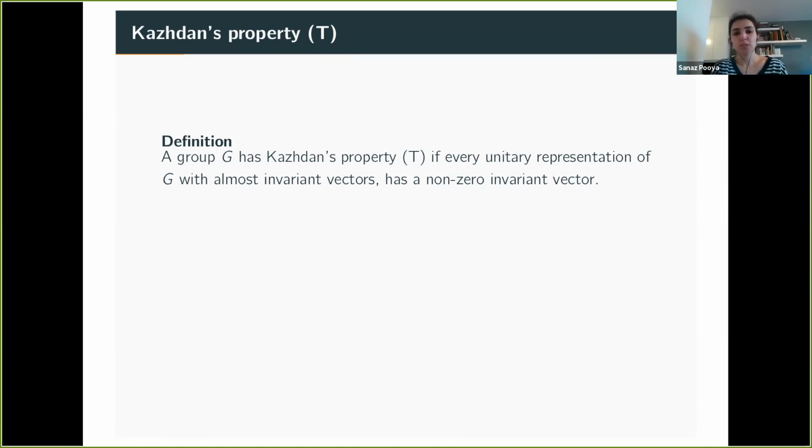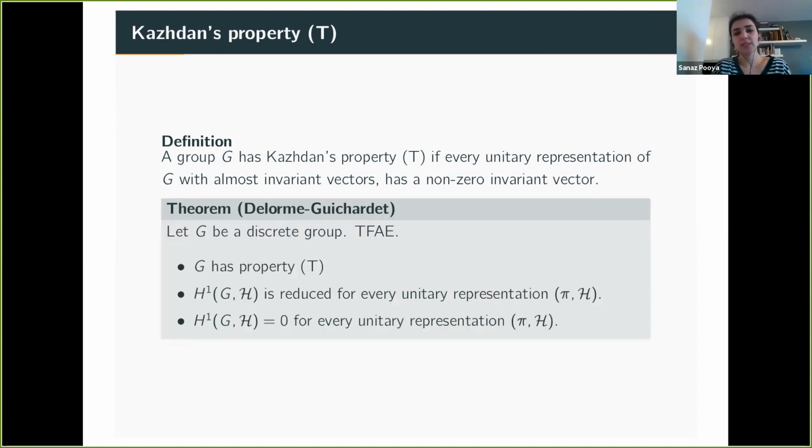And since this notion was introduced, it has seen various characterizations. The one that I want to present here is known as the cohomological characterization of property T, and it is due to Delorme-Guichardet. So the characterization goes as follows.